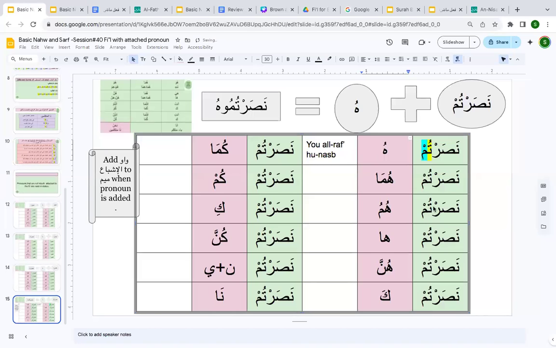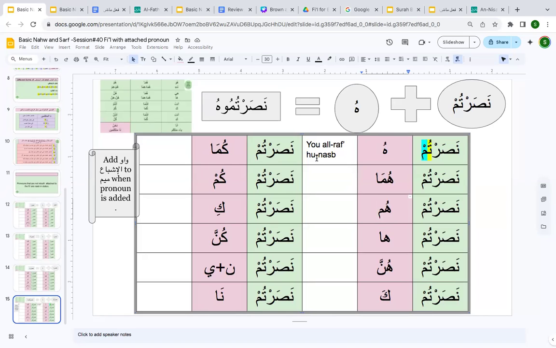Nasartumuhum is going to be you all helped them, males. Nasartumuha, you all helped her. Nasartumuhunna, you all helped them, females. Nasartumuka, you all helped you. It's like wrong English, but just for your practice, keep on doing that.